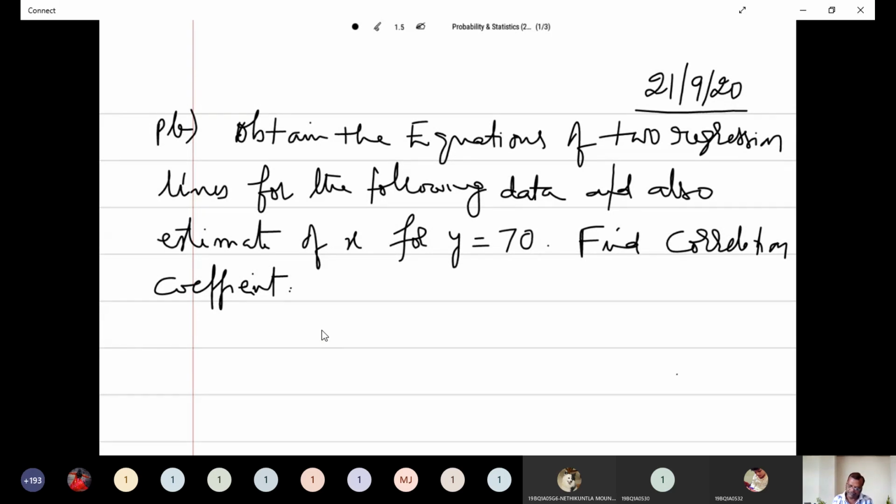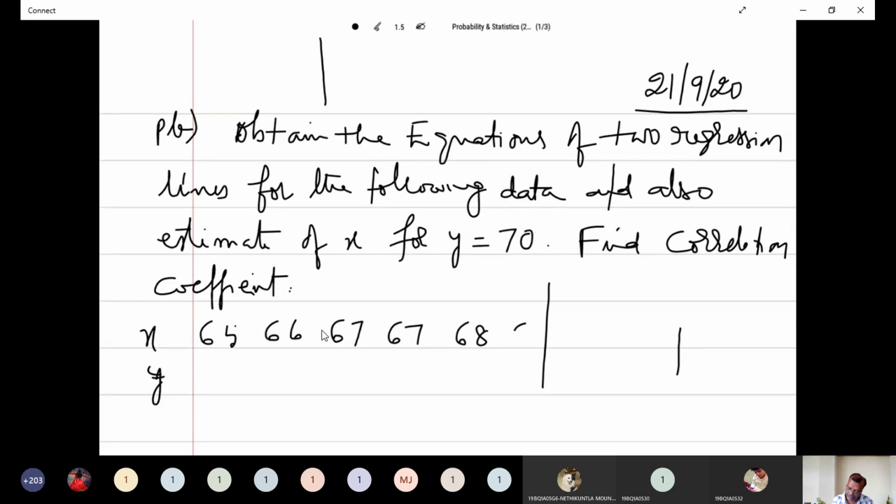Now note down the data. X: 65, 66, 67, again 67, 68, 69, 70 and 72.